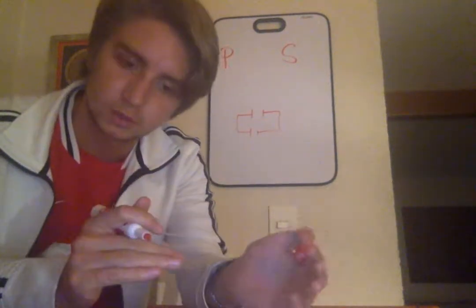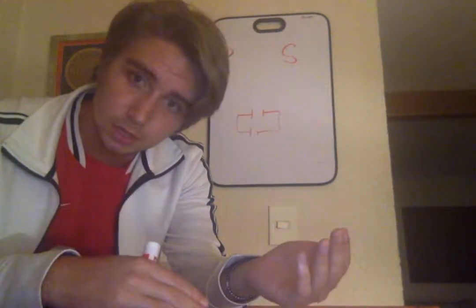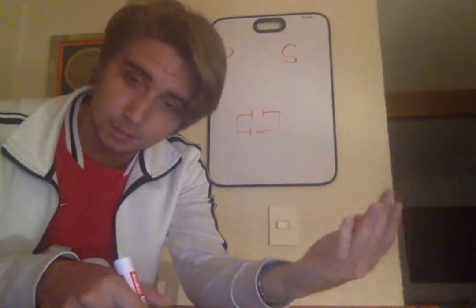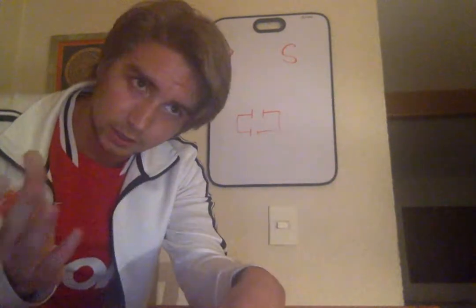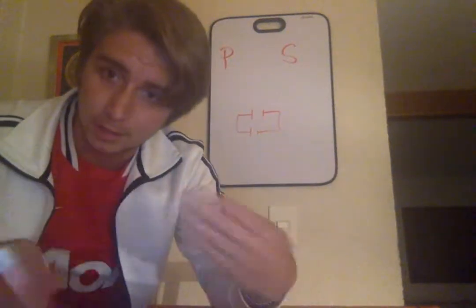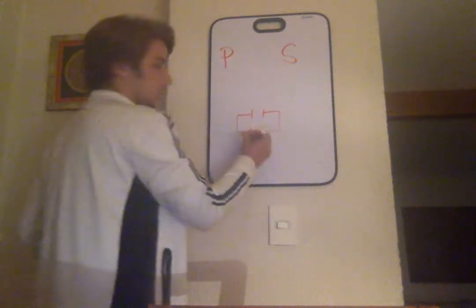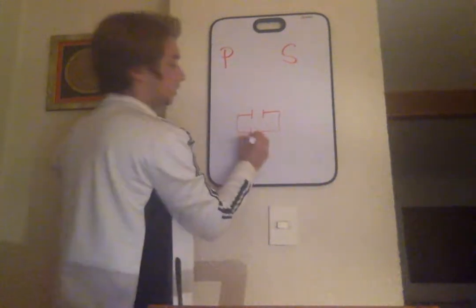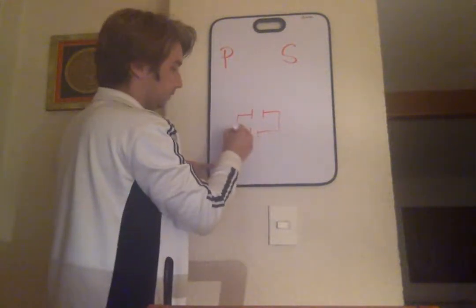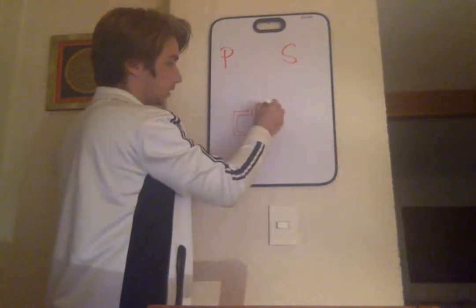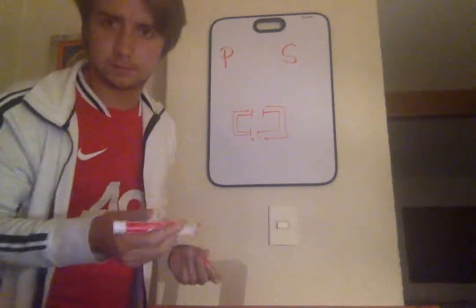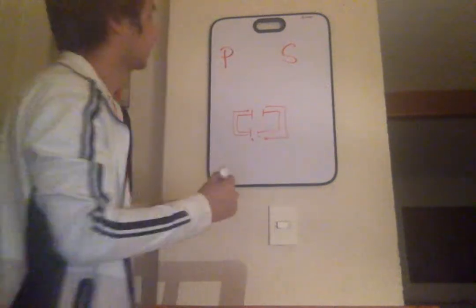The electricity always travels from the most potential to the less potential. So if I have a lot of money in my right hand, I will try to put it in the left hand that has no money, so I can balance it. So this is my less potential, this is my most potential, and it will try to flow from here over here, and then continue over here until it gets to the negative side of the battery.